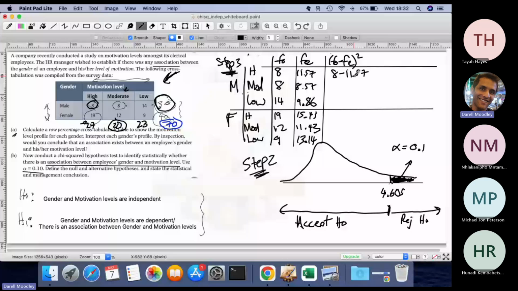We subtract those 2, and then we square it. Whatever we get, we raise it to the power 2. And if you do that, you'll get a value of 12.76. And then I do the same thing for the next row. It's going to be 8 minus 8.57, and I square it.